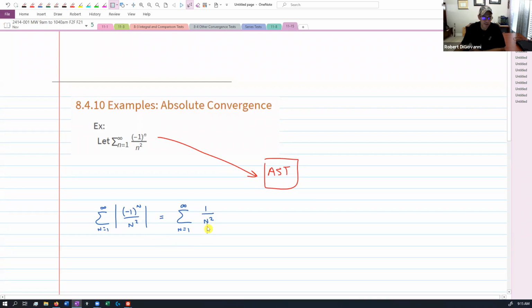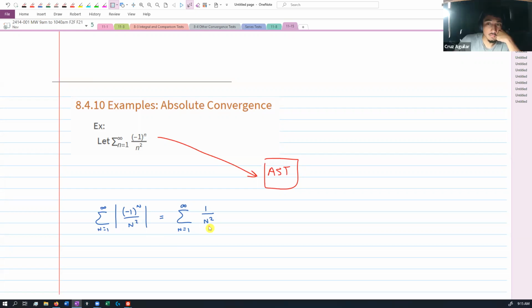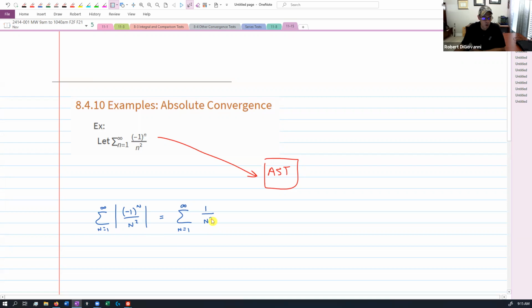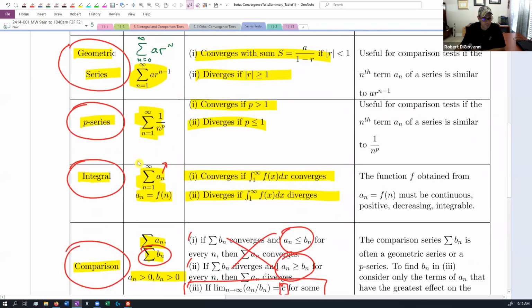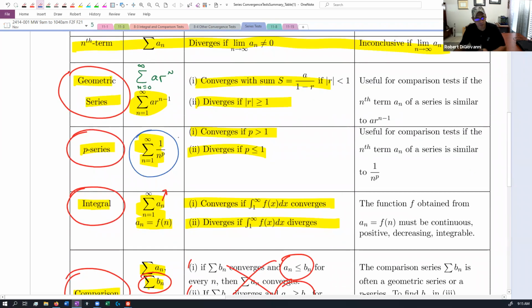What type of series is this? So you have to recognize this. Is it harmonic? It's a P series. It would be harmonic if that was a 1, but it's a P series. Remember on your test, this again was from last time, if you have summation n equals 1 to infinity of 1 over n to the P, this is a P series.